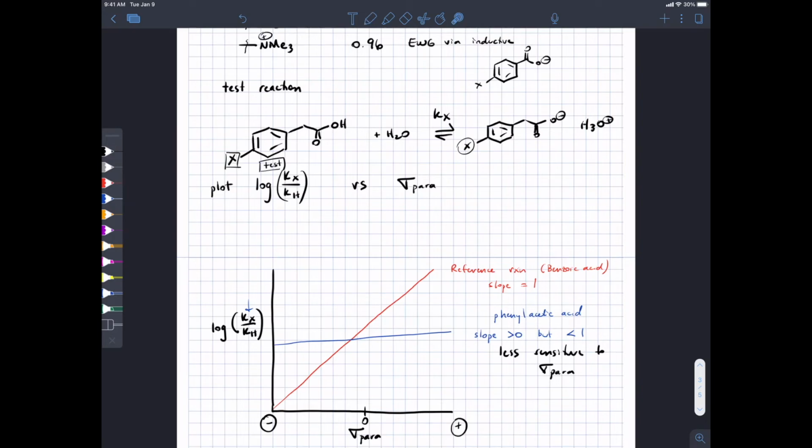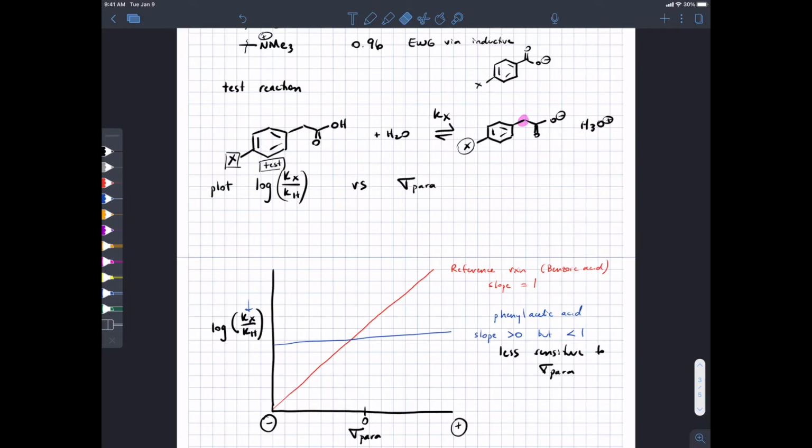Your carboxylic acid is further away from the benzene ring, so the changes in the benzene ring affect it less. Good, good. Your carboxylic acid is further away from the benzene ring, so you would expect changes in the benzene ring to affect it less.